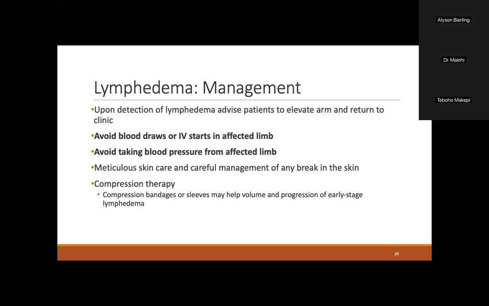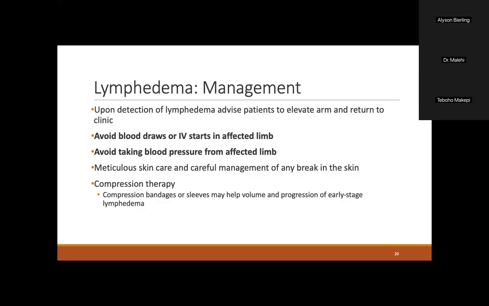And the idea here is that we want to gradually decrease the pressure gradient from the highest point in the distal wrist to the lowest part in the upper arm to help facilitate the movement of the lymphatic fluid upwards. So really patients should be fitted for compression bandages or sleeves by physiotherapy, just to make sure that this is done effectively.